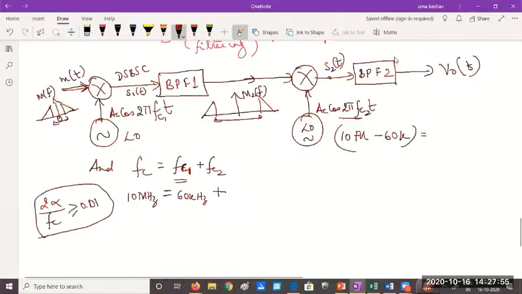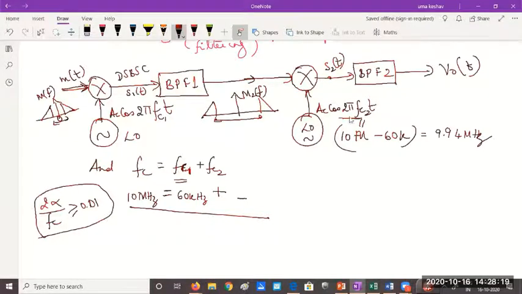The second part of the filtering technique, this is the frequency needed, FC2. So this is around 9.94 megahertz.